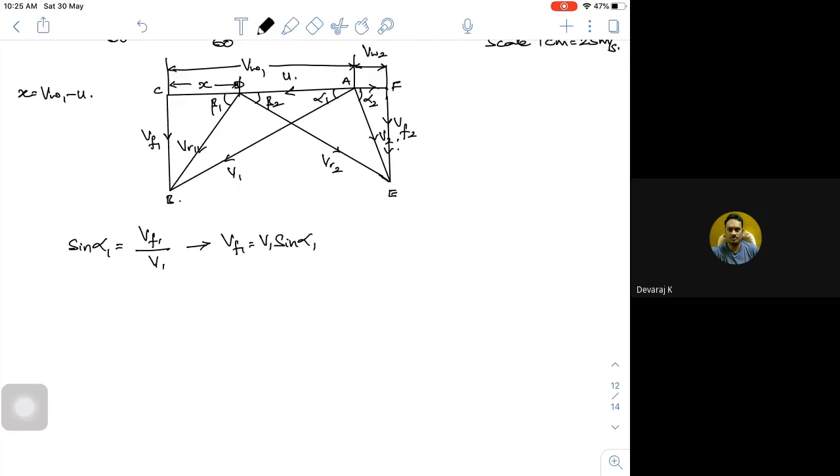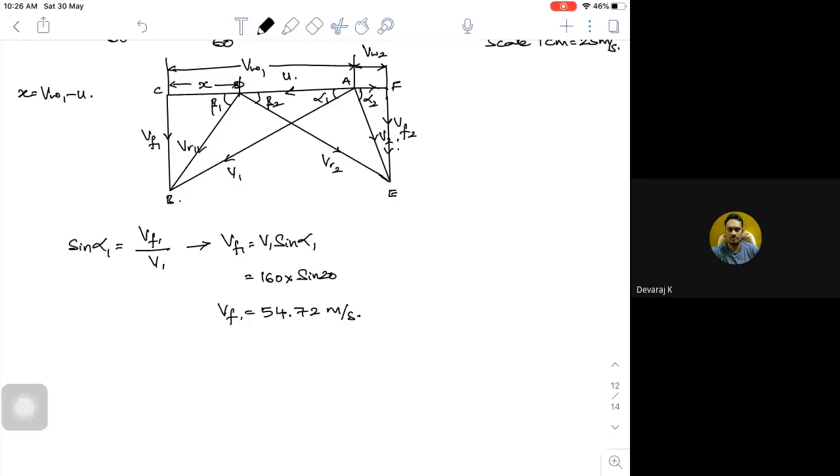So V1 is 160 into sin 20 degrees. So 160 into sin 20, if I do that, I'll be getting my Vf1 as 54.72 meters per second.